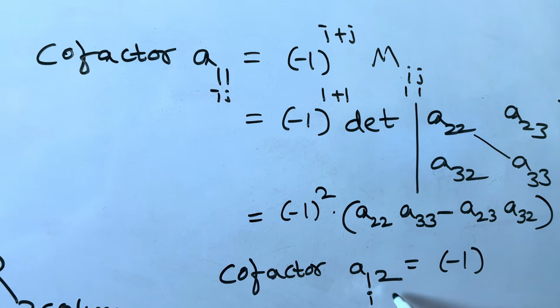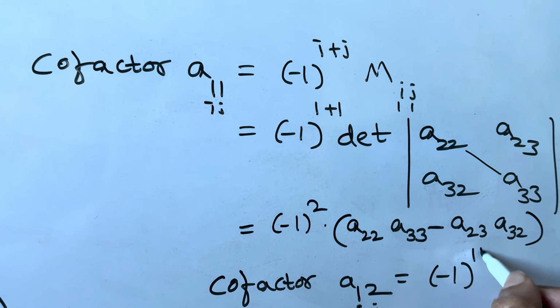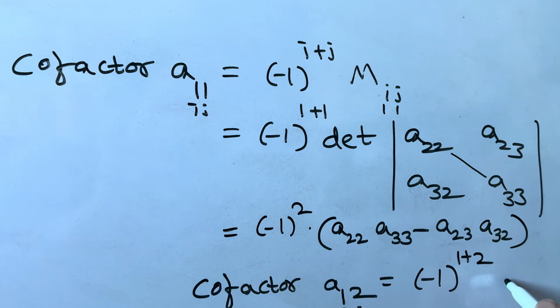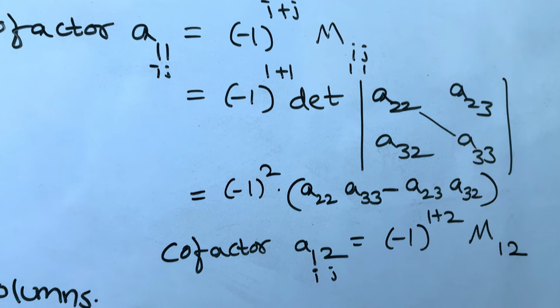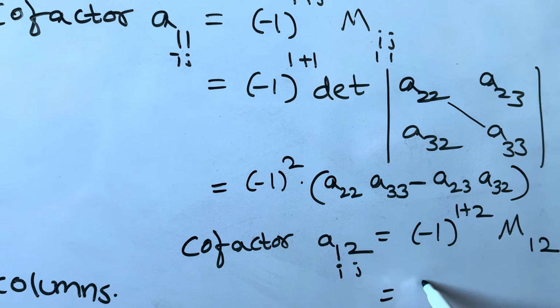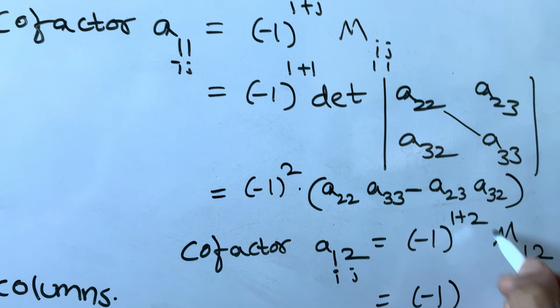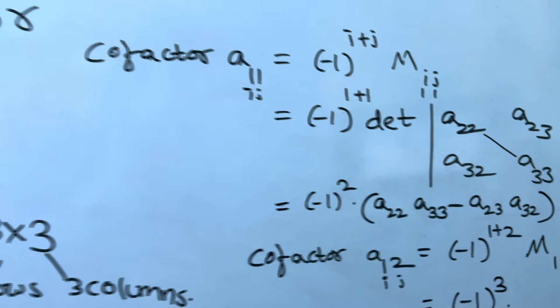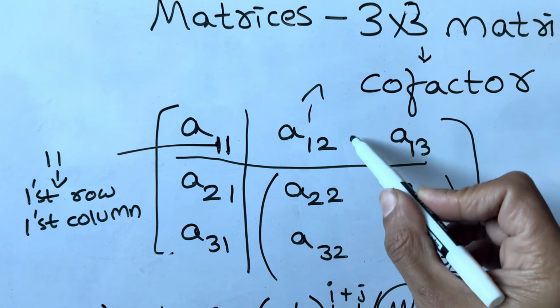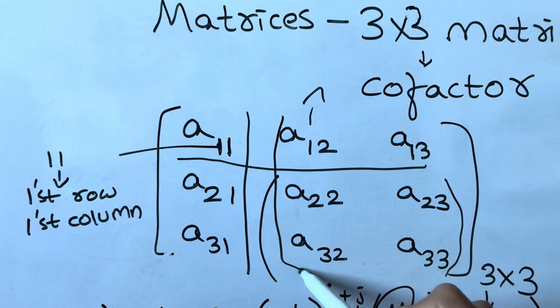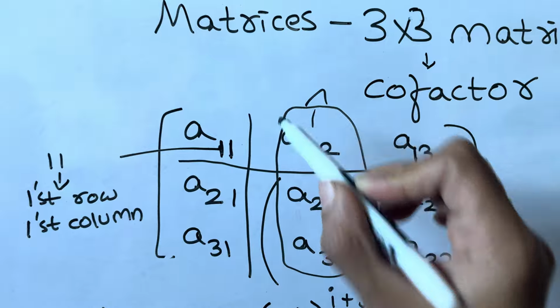My i value is 1 and j value is 2, so 1 plus 2, and my minor would be with the first row and second column eliminated. So -1 to the power 1 plus 2 is 3, and the minor of 1 and 2, which means first row and second column, is this one. This one should be eliminated.